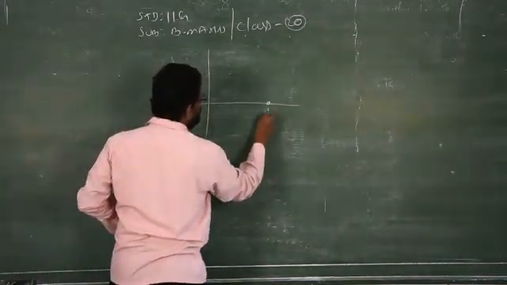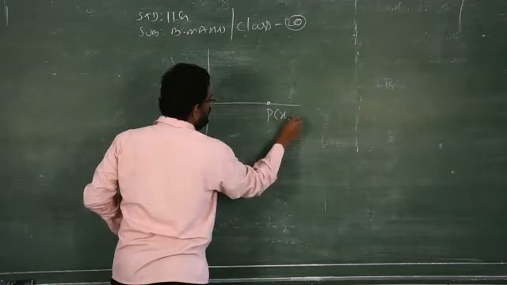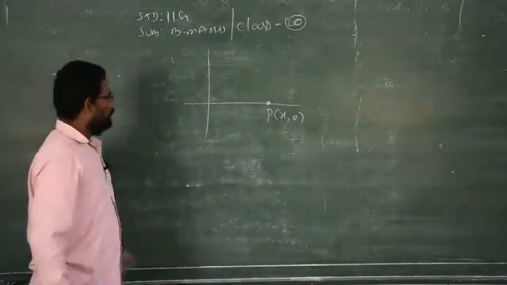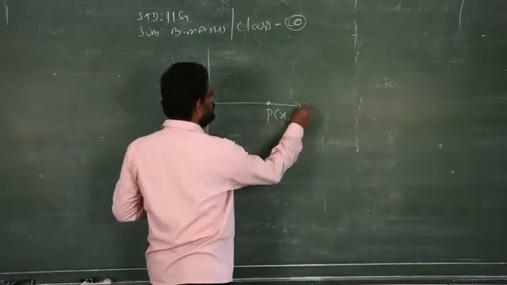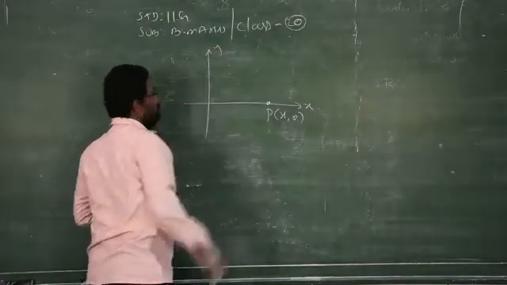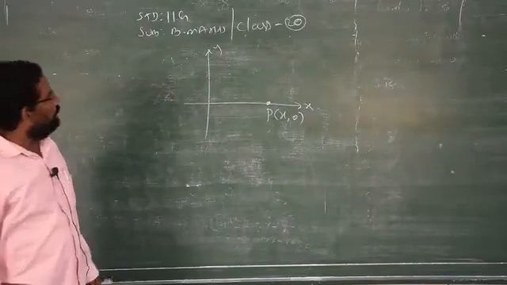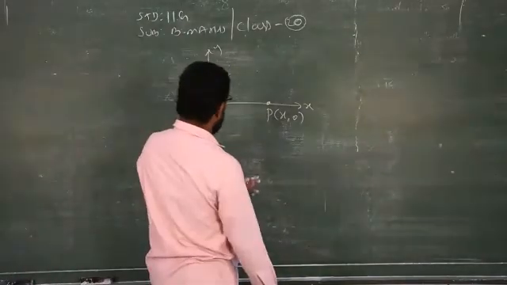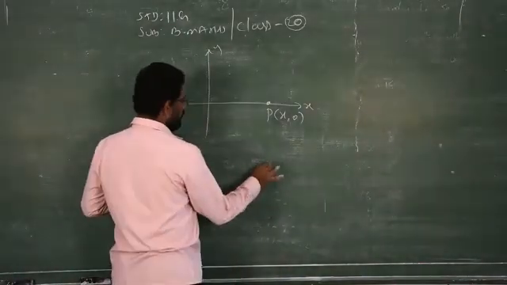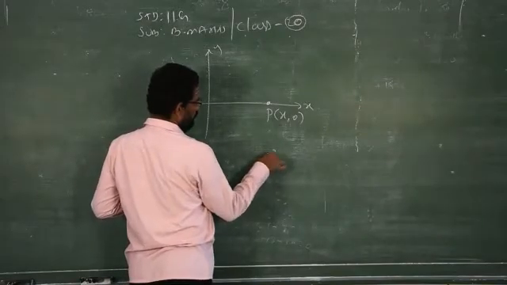A point on the x-axis will become x, 0. Yesterday only I said, for a point on the x-axis, y is always 0. So, what are the two points given? 7, minus 6, approximately it will come here.